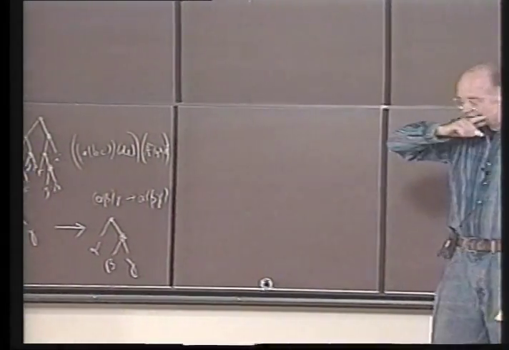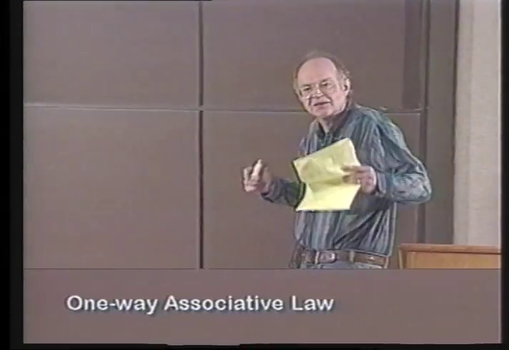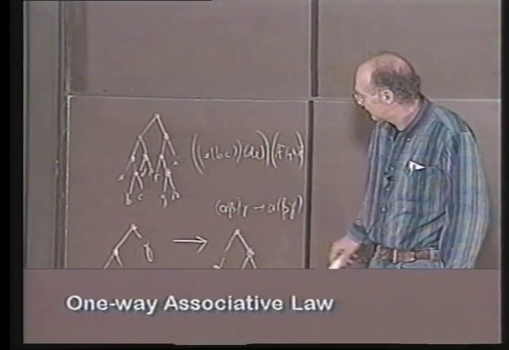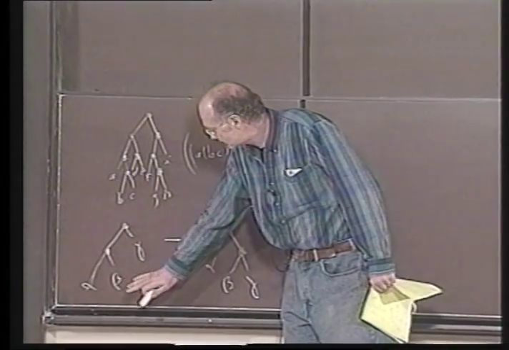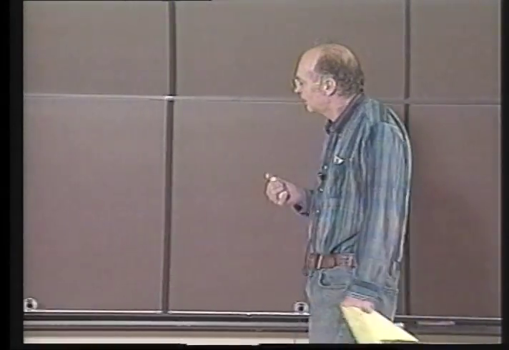Okay, now, the interesting thing is when we talk about a one-way associative law. Instead of saying that the associative law is an equality, let's say that instead, with the arrow, there's a definite thing that this one we might say is unstable and wants to go to this one. Now this defines not an equality of expressions, but an inequality of expressions.